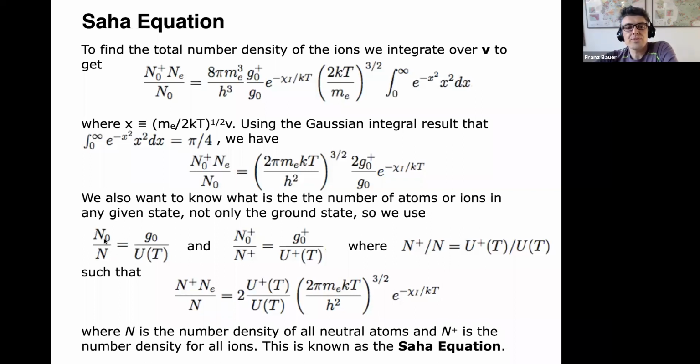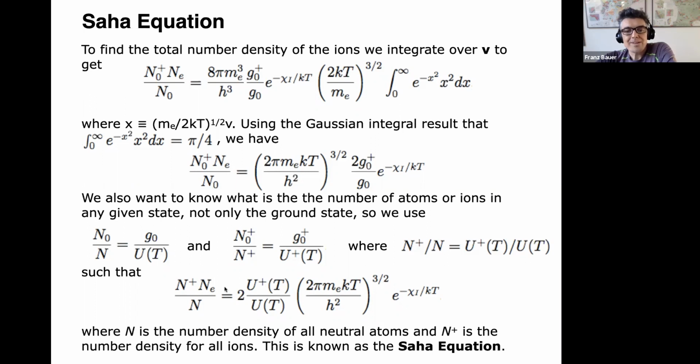And so this is the ground state over the total, and that's equal to the statistical weight divided by the partition function. We also could look at the first ionized state versus some other ionized state, and that would be this statistical weight divided by the total partition function here.